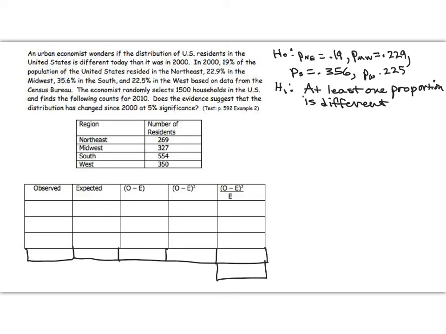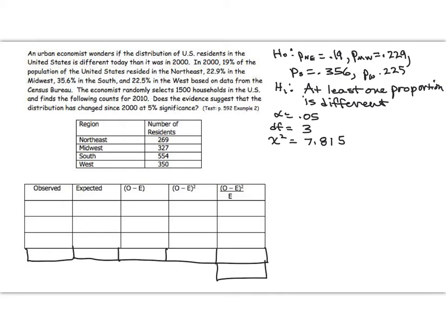So now I know that alpha is 0.05. If I look at my degrees of freedom, there are 4 categories: Northeast, Midwest, South, and West. So my degrees of freedom are 3. And then if I look up on that table, chi-squared with a 5% significance level and 3 degrees of freedom is 7.815.